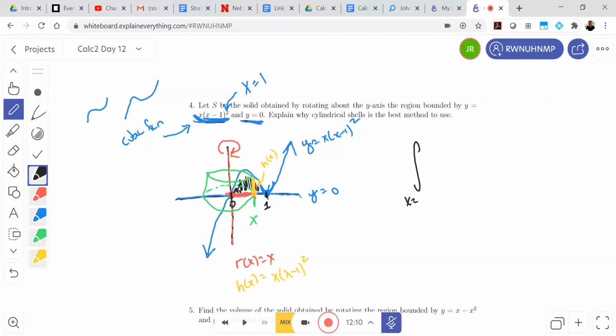And we basically have all of the ingredients we need to set up the appropriate integral. We now have the integral as x goes from 0 up to 1 of 2 pi times r of x times h of x. And we're happy.